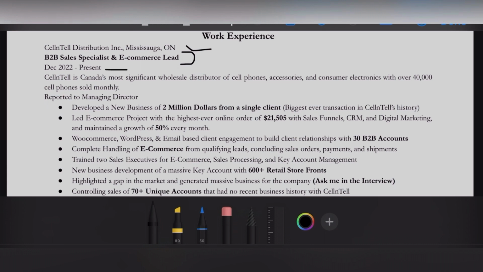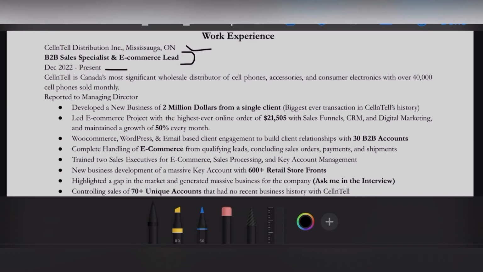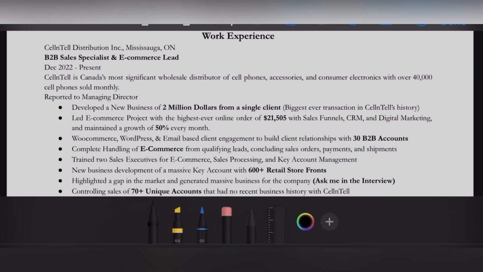Now, because Sell and Tell is not a company like, let's say, Walmart or Loblaws or Bell or Telus, so it's not a company of that stature, this is why I introduced the company in a small sentence, which is: Sell and Tell is Canada's most significant wholesale distributor of cell phones, accessories, and consumer electronics, with over 40,000 cell phones sold monthly.